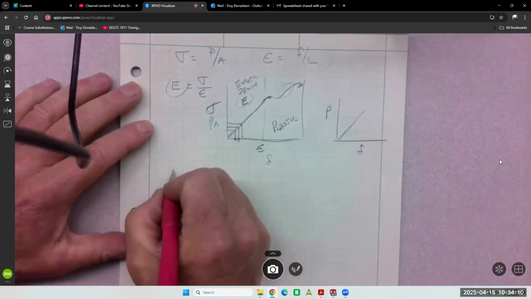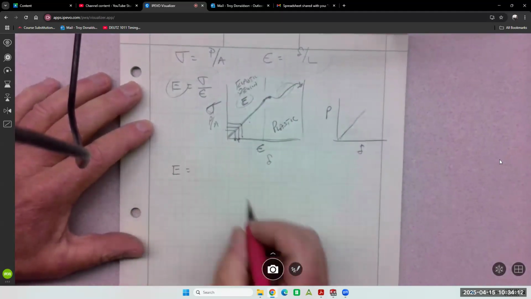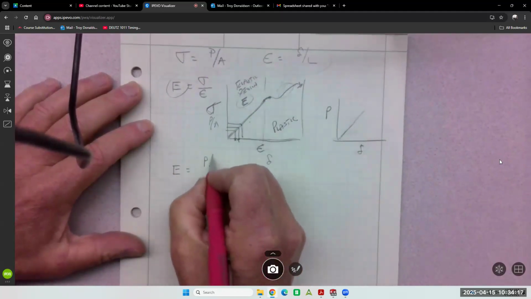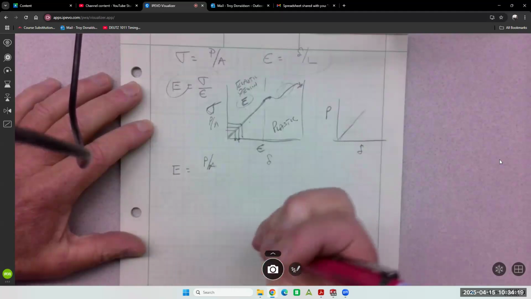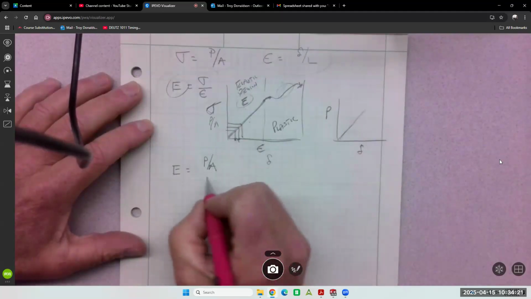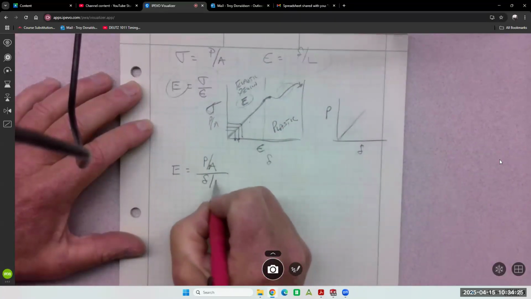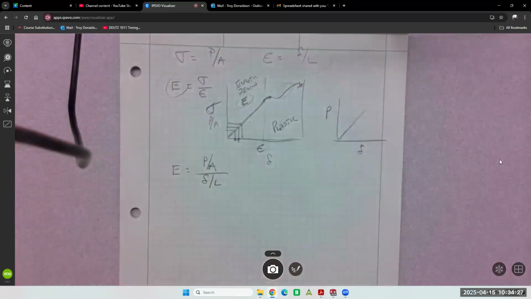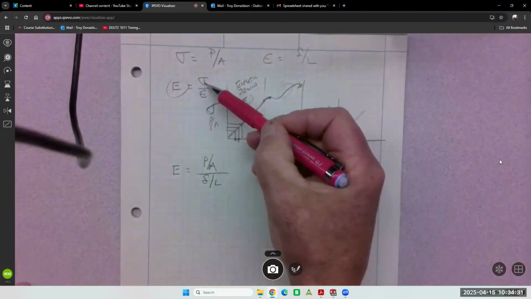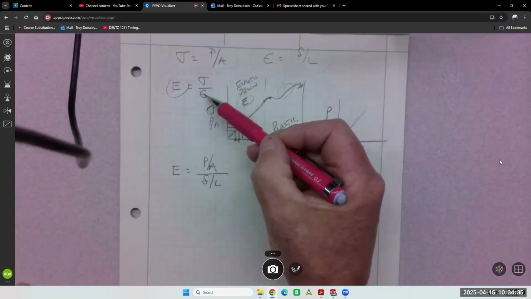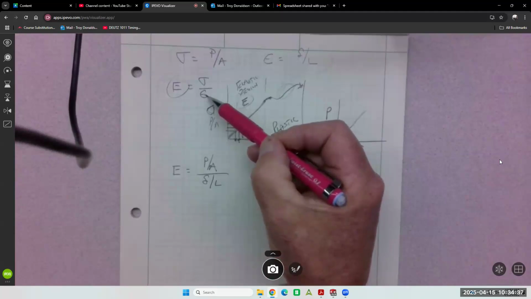So I could write stress as P over A and put it on top, and strain as delta over L. I just subbed in P over A for stress and delta over L for strain.